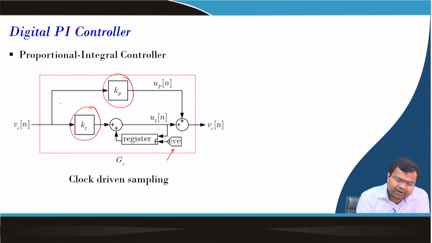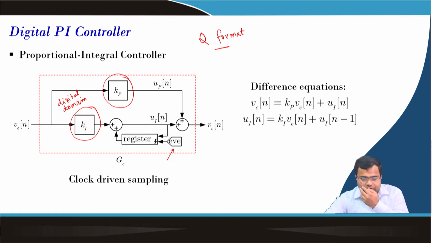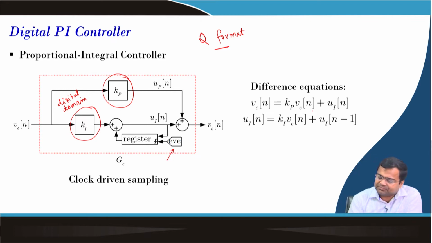That means there will be numbers, digital domain, and this will be simply a number, and we need to know the Q format, which we have also discussed. Okay. So, that means this will be overall integral control, this block plus your proportional control, this is an integral control.